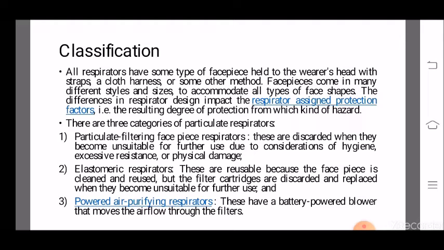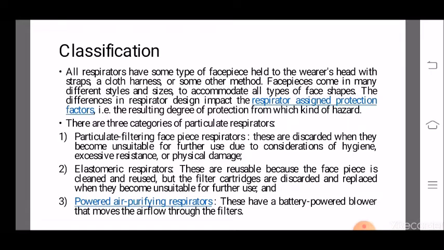The face piece respirators have three different types or categories, you can say. They are designed by considering various factors. We have to concentrate on which kind of respirator is required: particulate filtering respirators, elastomeric respirators, and powered air purifying respirators. The powered air purifying respirators have battery power to blow the air from the outside environment to the inside portion, which has a close fit to your face and nose.